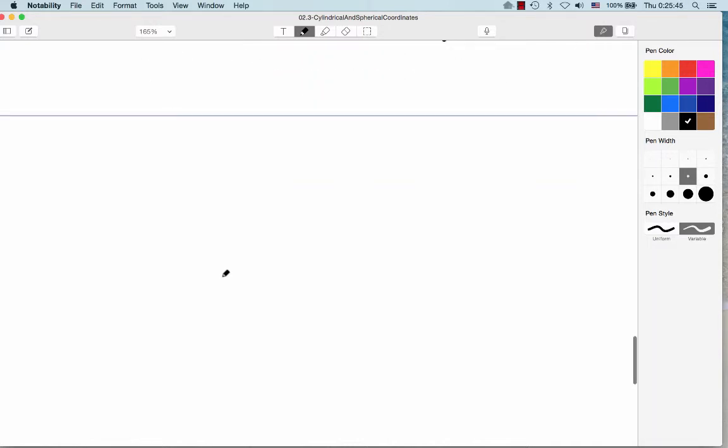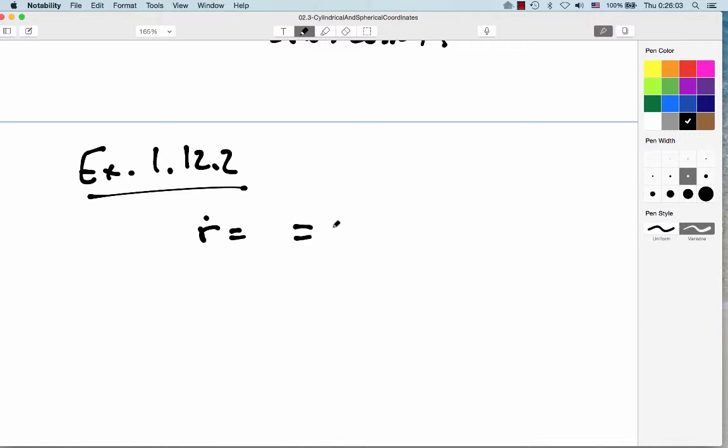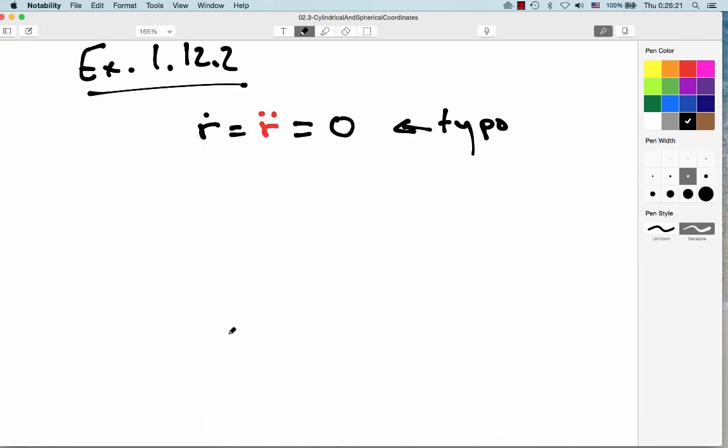Okay. Now, in the text, you probably worked through, and if you haven't, you should, example 1.12.2. It's worth noting there's a typo. If you look in the text, it says r dot equals blank equals 0. The thing that should be going in the blank is r double dot, for what that's worth. So just watch out for that typo there. Now, it's worth doing a bit of an extension off of that example, so let's just do that.